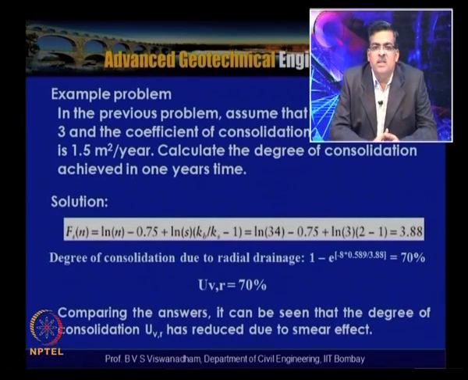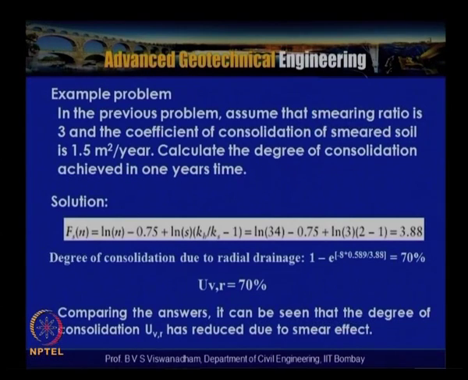Now let us consider the same problem, assuming that the smearing ratio is 3, which means that the performance is affected because of the smear, and the coefficient of consolidation of the smeared soil is given as 1.5 meter square per year. Calculate the degree of consolidation achieved in 1 year's time. Here Fn changes to the so-called FSN, which takes into account the smear effect.